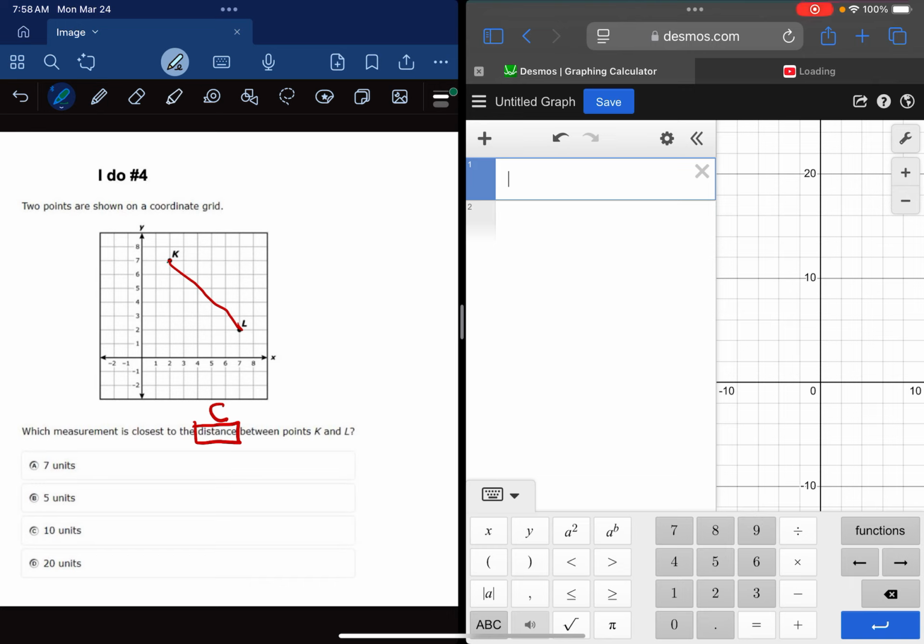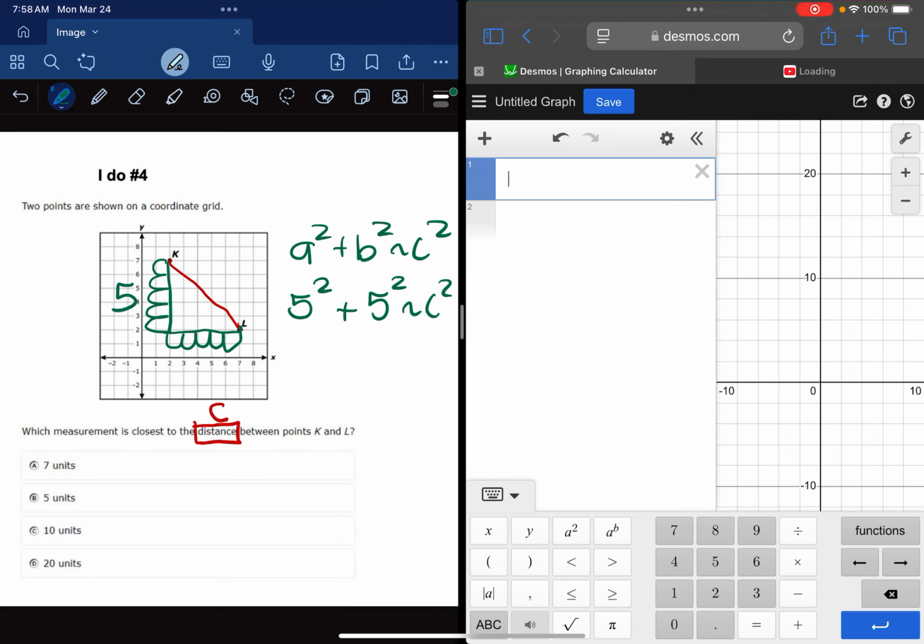I'm going to bring down point K and then bring L to the side. So that makes my right triangle. So now what I'm going to do is count how many units I have for side A. 1, 2, 3, 4, 5. So side A has 5. And side B has 1, 2, 3, 4, 5 as well.